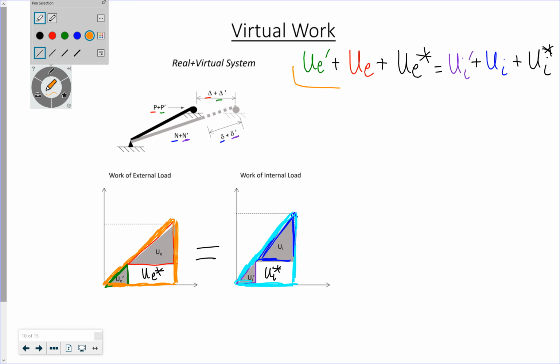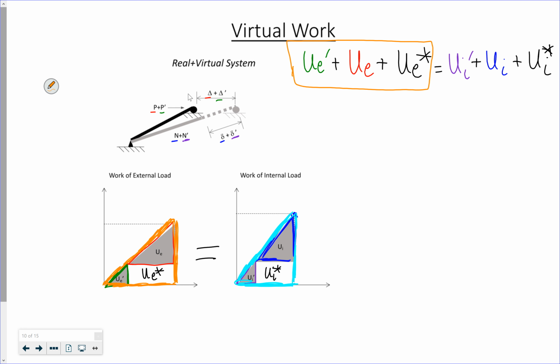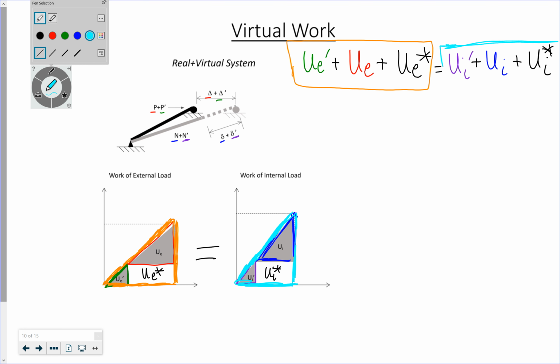These three values are equal to this triangle and the other three values are equal to this triangle, all right?